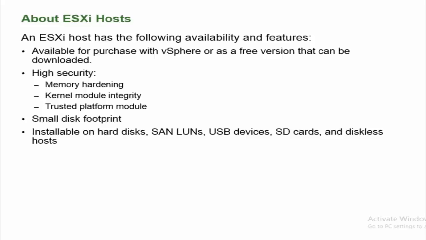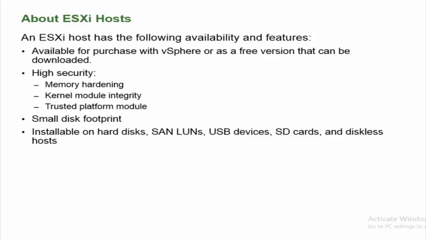Now it has high security features like memory hardening, which means all the user mode or kernel mode applications, or the boot files of the ESXi host, get located at random locations in memory, so it is difficult for attackers to detect the location. This feature is available in most operating systems, so ESXi will also have it.